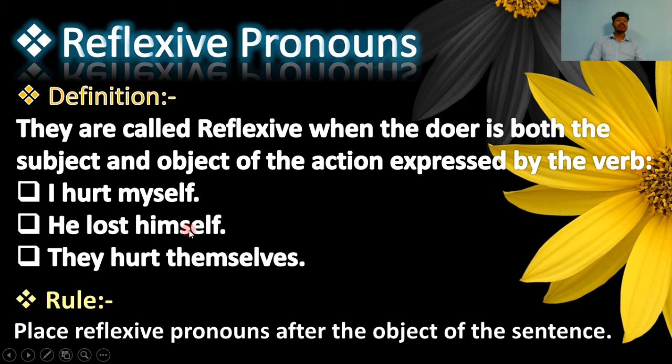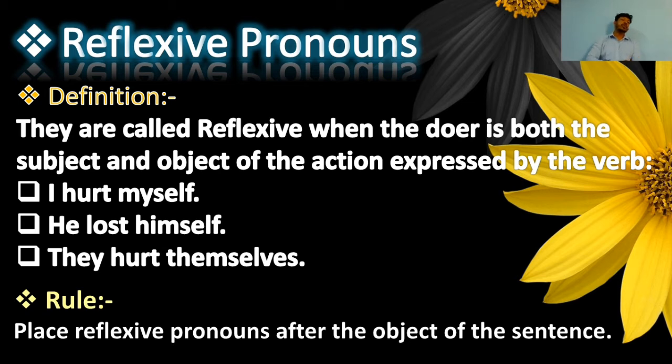He lost himself. They hurt themselves. Okay? Place reflexive pronouns after the object of the sentence. So if the object is not there, then what I'm telling you is, just use the reflexive pronoun just after the verb, because there is no object.